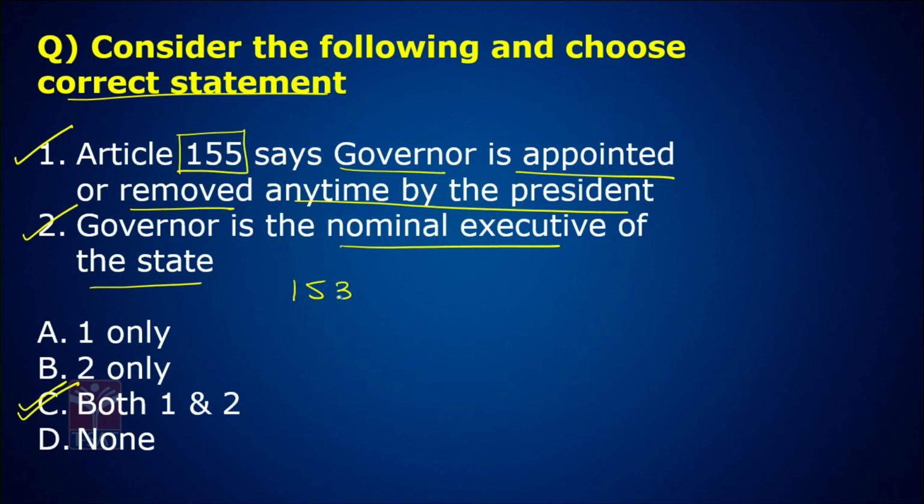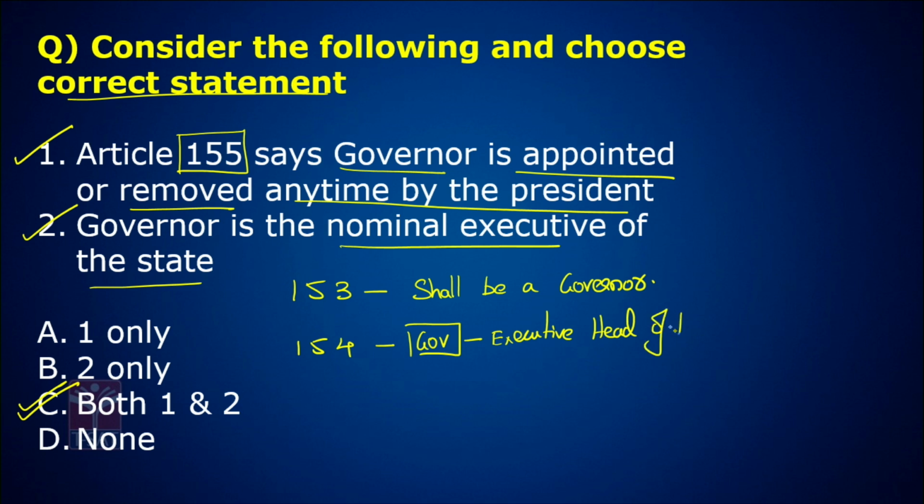Article 153 says there shall be a governor. Article 154 says governor is the executive head of the state. 155 says the governor is appointed or removed any time by the President of India.